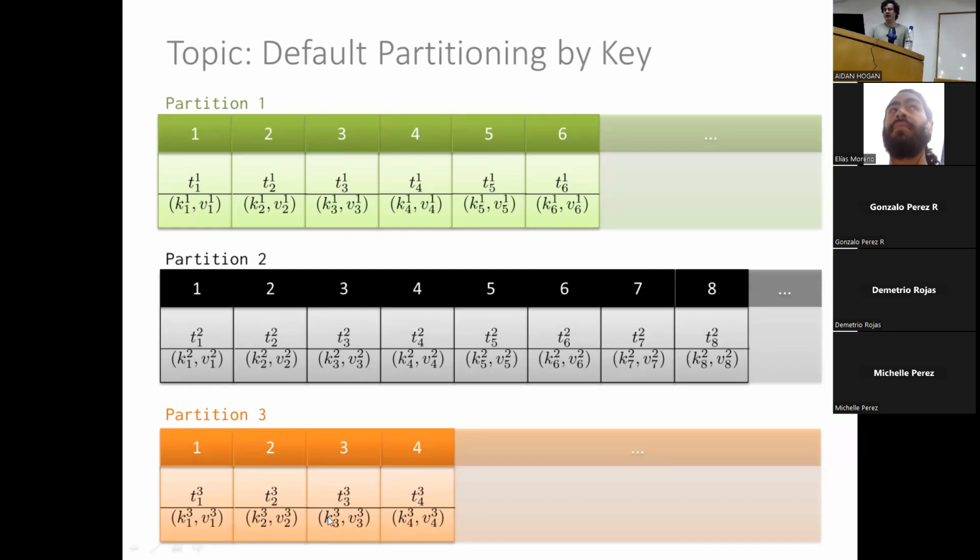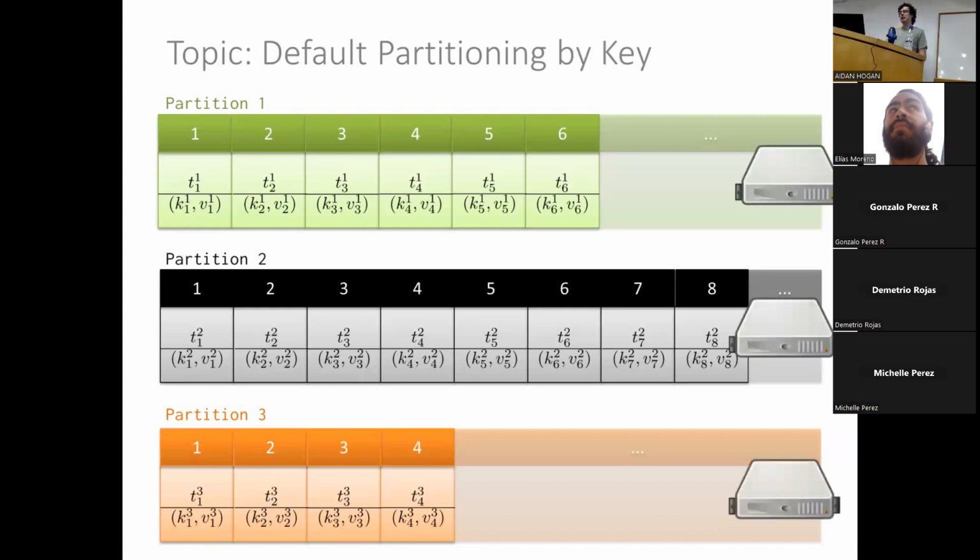So we use these K values here. We can do a hash modulo to assign a partition, much like in MapReduce and in other scenarios that we've seen. The partitions may or may not be on different machines. We can maybe have multiple partitions on a machine, but the most typical scenario would be to have different machines on which we have partitions, the distributed setting.